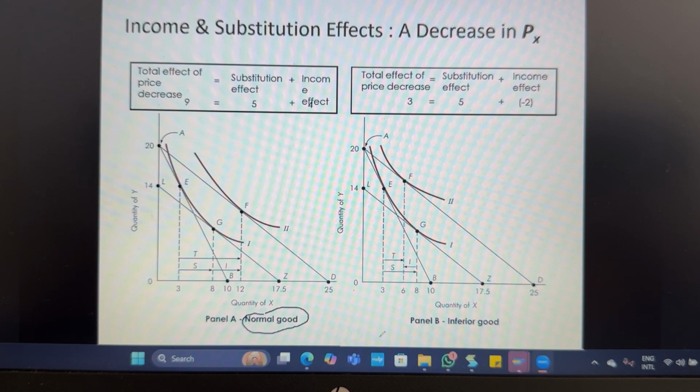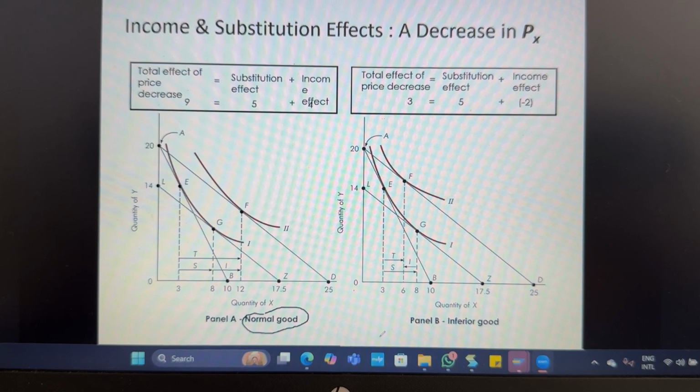If the price of a normal good reduces, how can you separate the total price effect into income and substitution effect? Explain your answer with the help of a suitable graph.